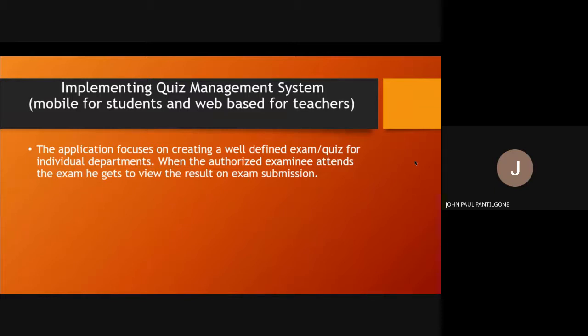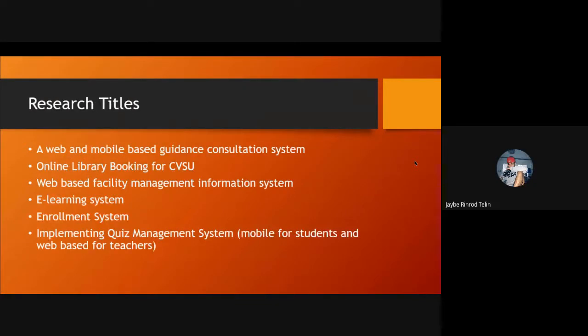That system focuses on the quiz or the exam of the students, and it helps the teacher to lessen their work because it sorts a lot of scores by lowest to highest, and it's also more reliable than the Google form because I think there's a time limit on how you could take the quiz. And that's all, ma'am. This is the summary. Thank you.